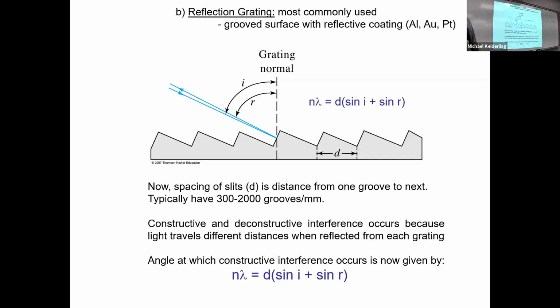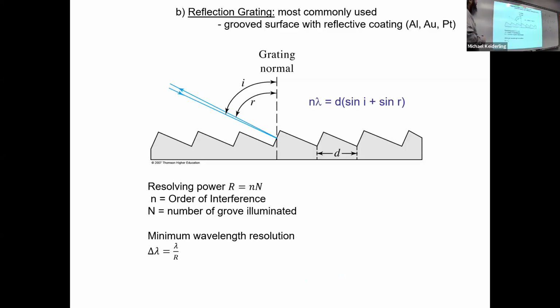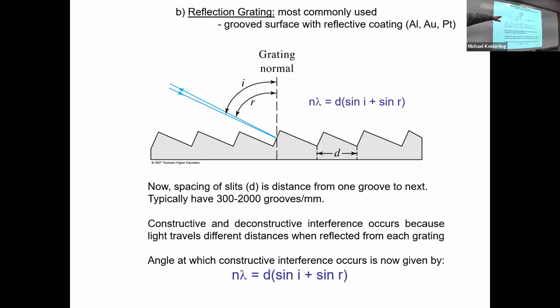That's the difference. So it's some grooved surface with a reflective coating: aluminum, gold, or platinum. This reflection grating effect is also why CDs are like that, because they have tightly spaced grooves.